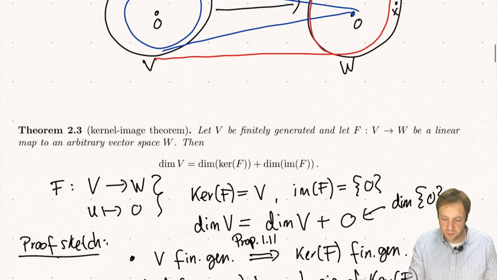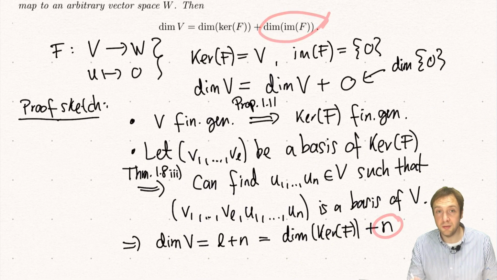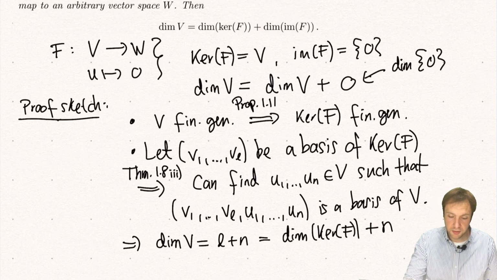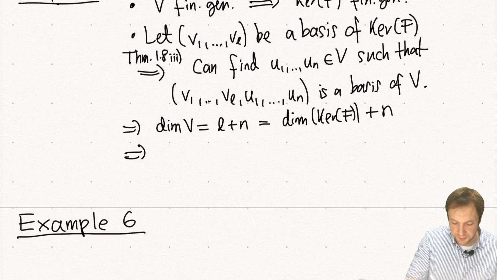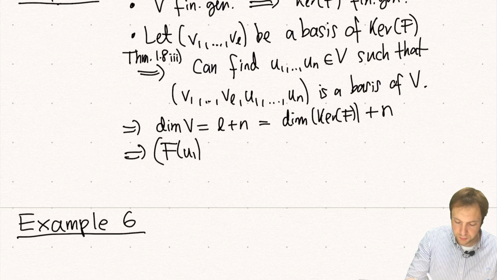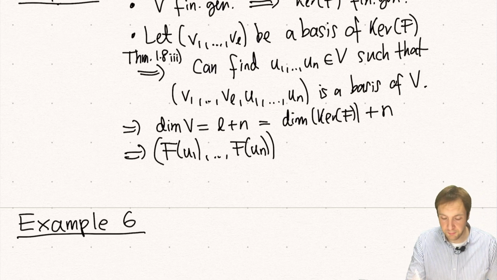So to prove this theorem, we want to show that this n is actually the dimension of the image. And what one can show then is that if I apply f to these elements, f u1 up to f un, then one can check that this is actually a basis of the image.